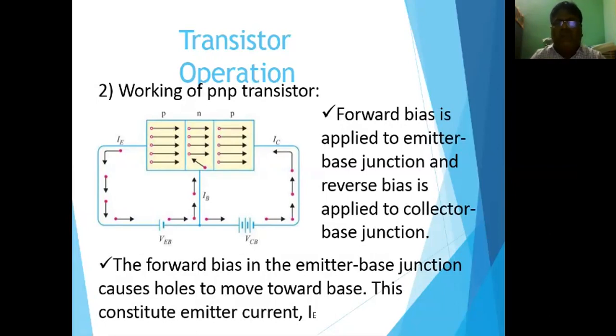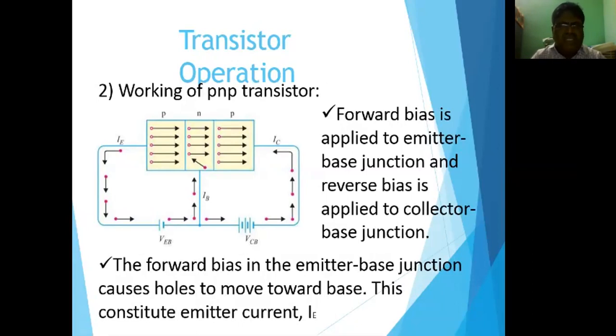Forward bias is applied to the emitter base junction and reverse bias is applied to the collector base junction.